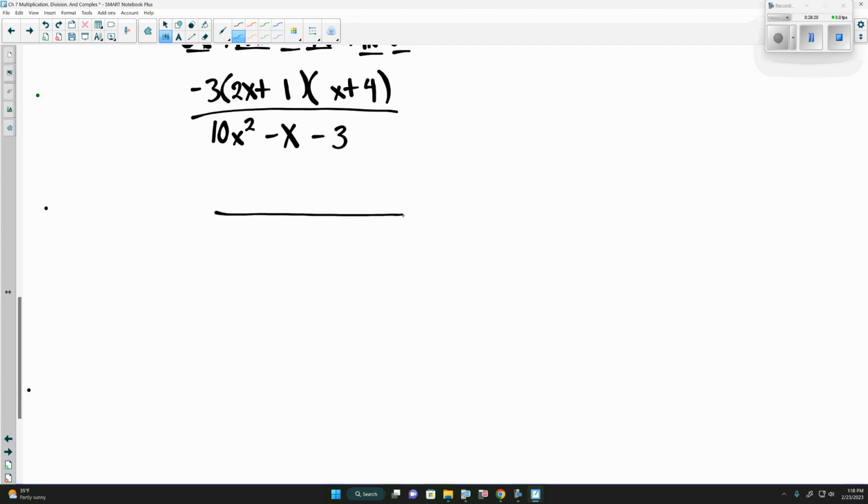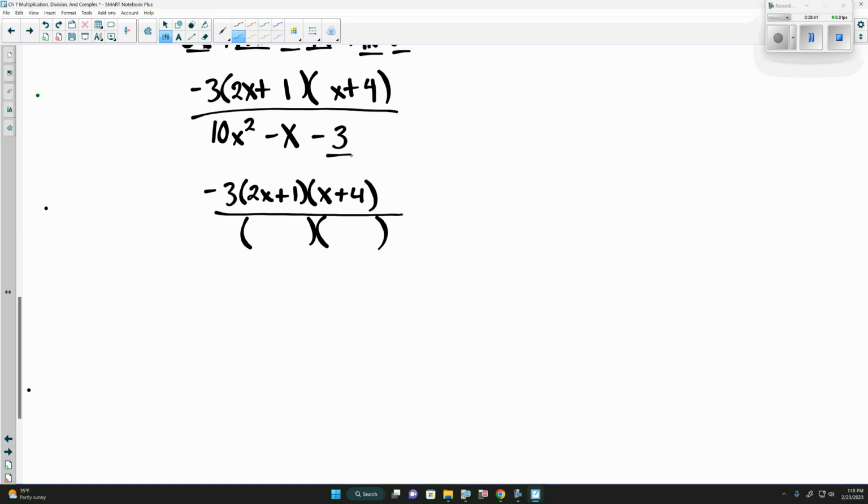We have 2 last steps. Because the denominator finally got to a point we can factor it. And what are we hoping one of the factors is? Exactly, 2x plus 1 or x plus 4.